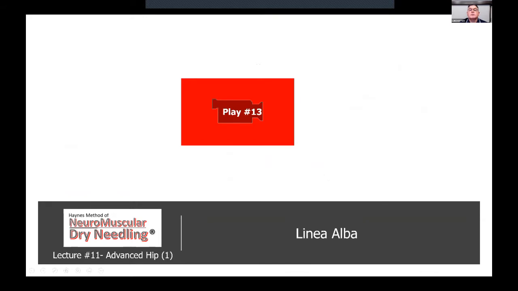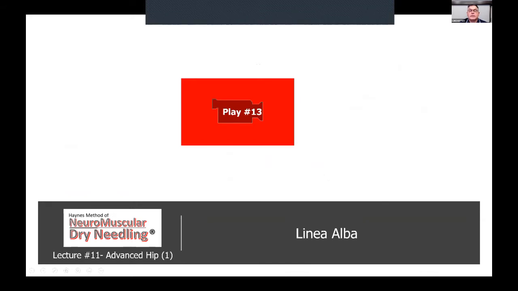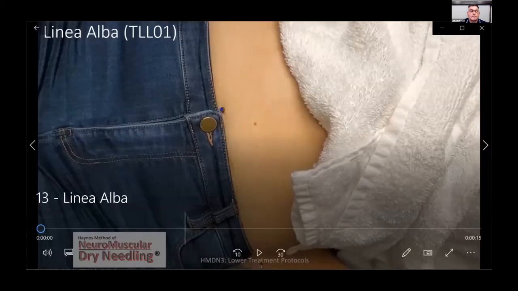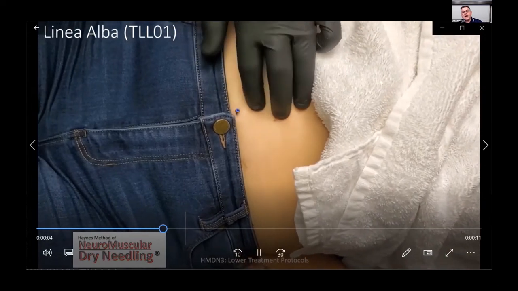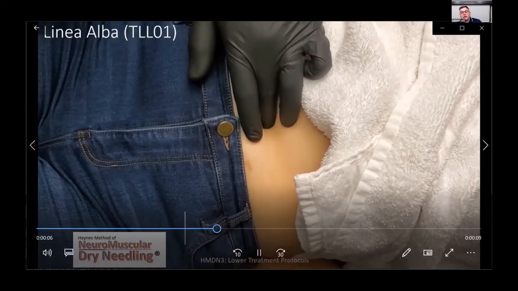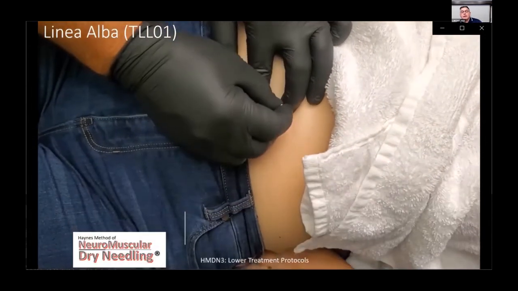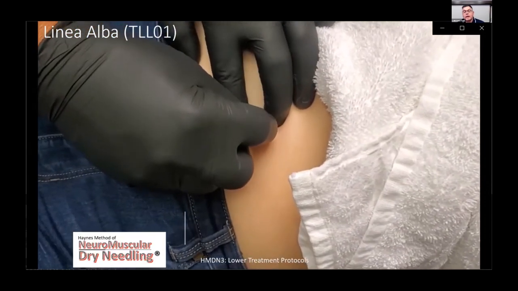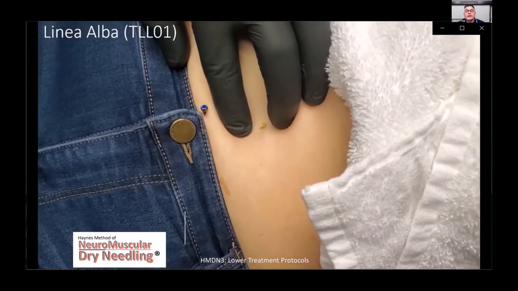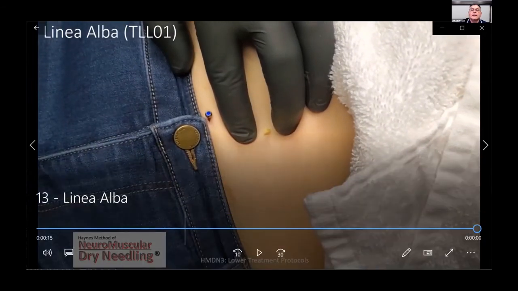But for that, let's go take a look at that. So you'll palpate and you'll find the delineation of the linea alba. And again, this is a 1.5 centimeter needle that I'm using right here, and I'm not using all of that to get into that linea alba.